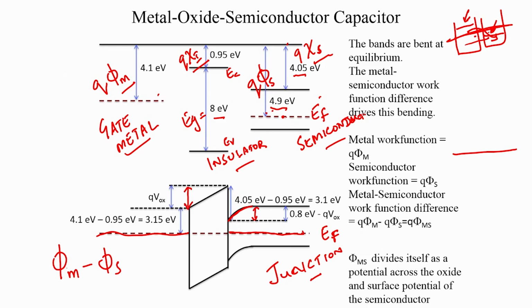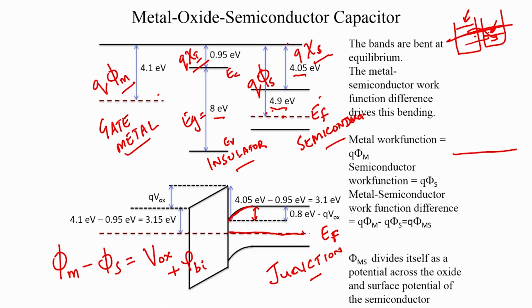So, this difference in the metal and semiconductor work functions is the driving force for the band bending, and this difference is split between the built in potential of the semiconductor and the voltage drop across the oxide. But then what else do you see here? So, since at this edge, now let us come to this particular edge.